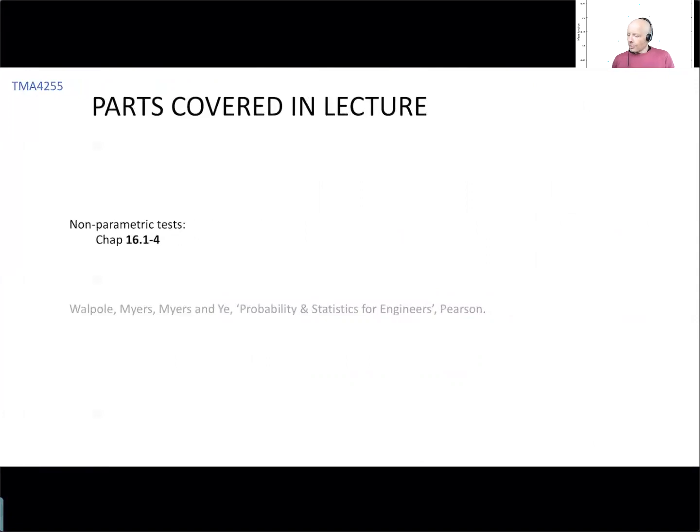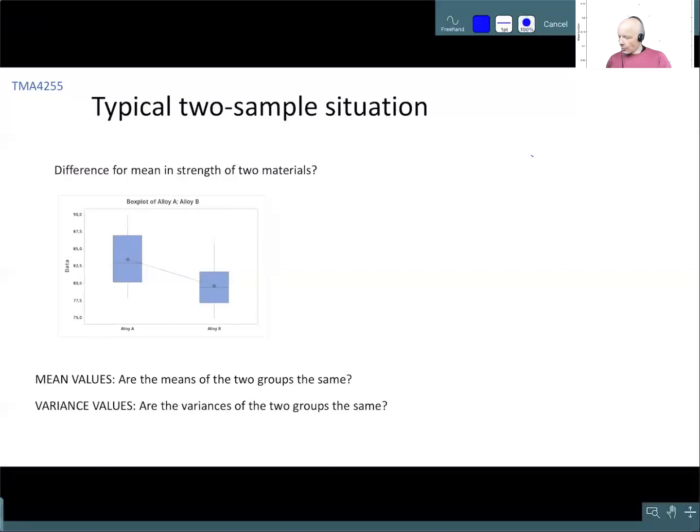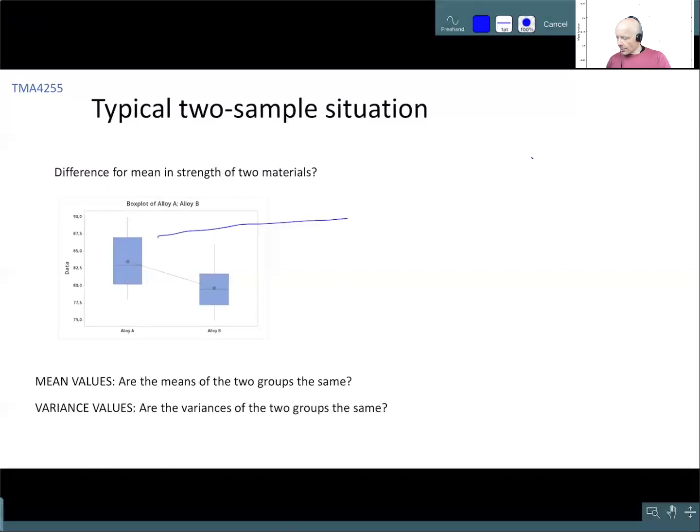To start off, let's recall the situation in two-sample analysis, where we have samples from two populations. The first population is x1, x2 up to xn1.